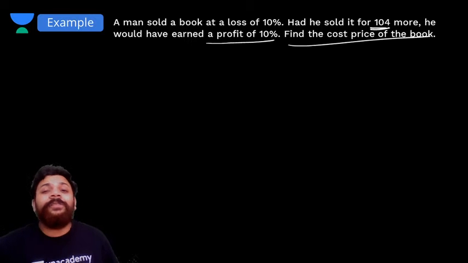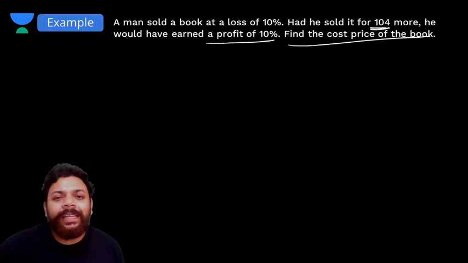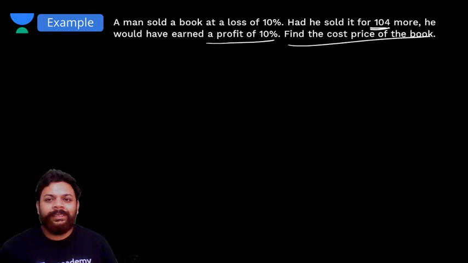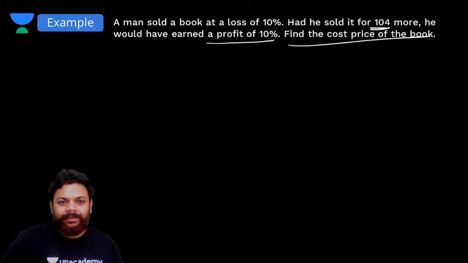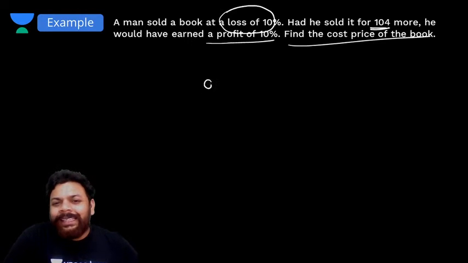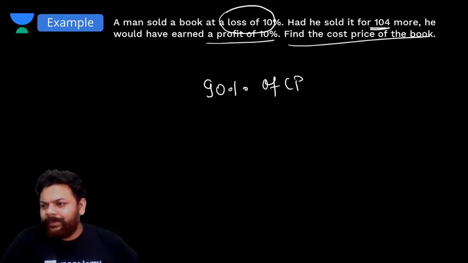If you are using rough work for these kinds of questions, that means definitely you need to practice a lot. Just try to think. If a particular man is selling his book at 10% loss, that means he's selling at 90% of cost price.